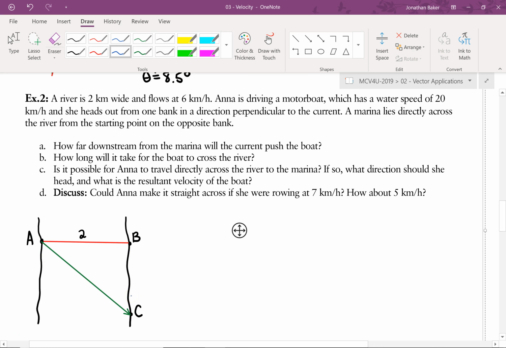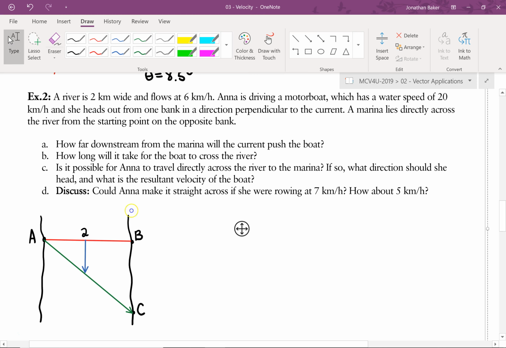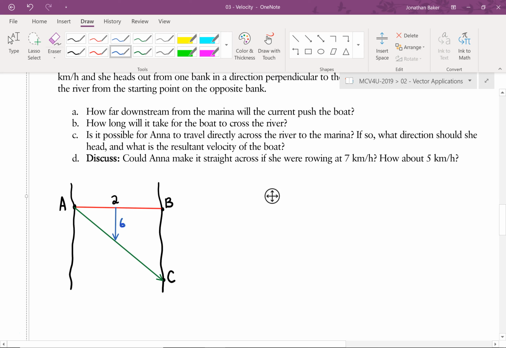So let me just show you this. If we put in a vector to represent the water, we'll say it's right here, and we know that this is going to be 6 kilometers an hour. This is the current of the water, so 6 kilometers per hour. I'll write that in there to be clear.